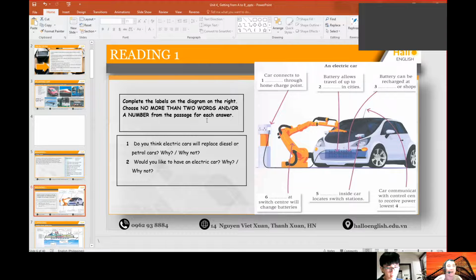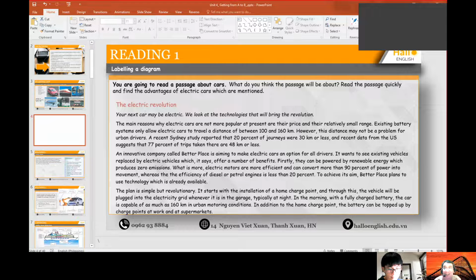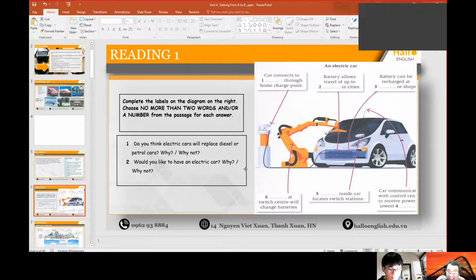Labeling a diagram. Now, look at this one. What's the instruction in here, Koi? Complete the label on the diagram on the right. Choose no more than two words and or a number from the passage for each answer. Yes. So that means we are going to choose in here, right? Yes. And then remember again, written in capital letters.